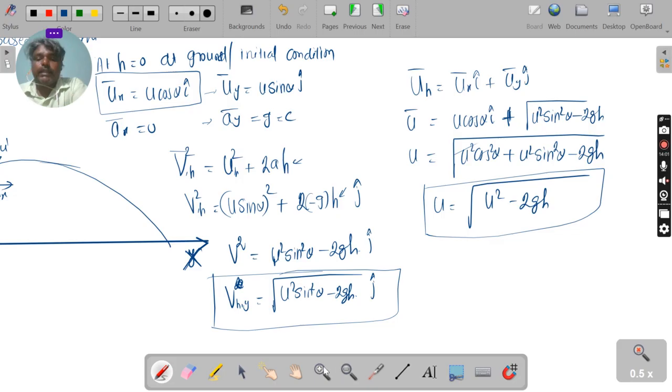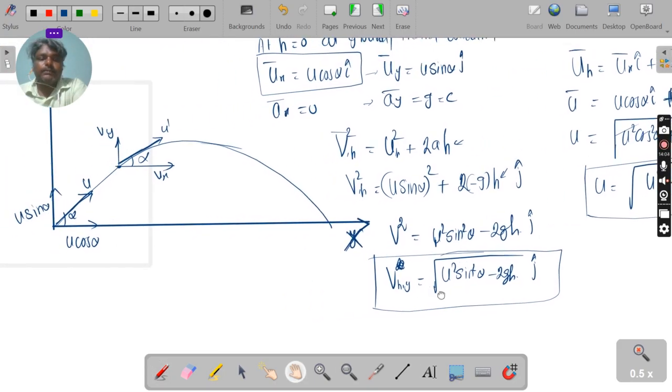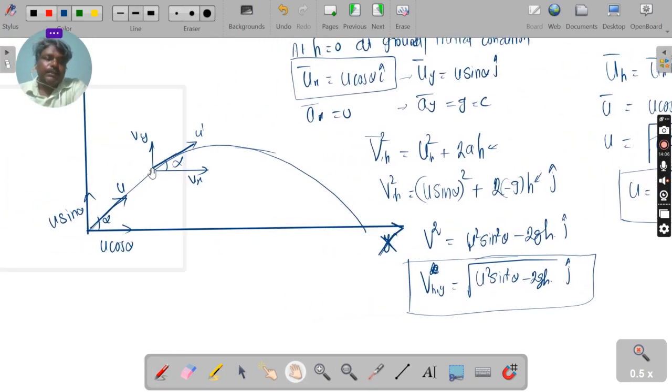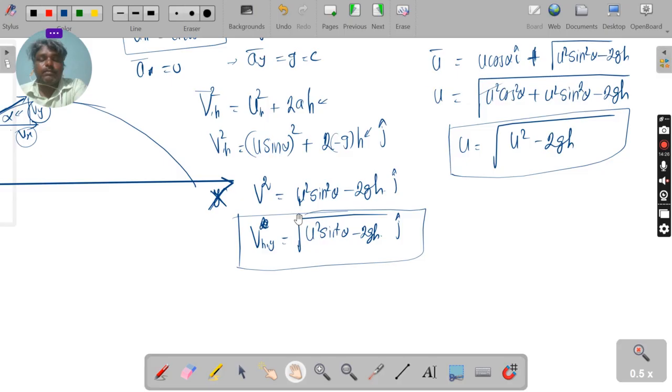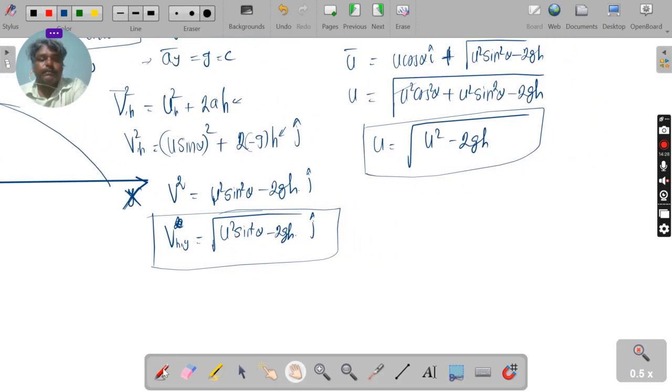So at any height, what is the angle? At the height, the resultant velocity makes angle alpha with the horizontal. We need to find out the angle. So we use a trigonometric trick. Tan alpha is equal to vertical component by horizontal component. Very familiar, from one-dimensional motion onwards we are using this idea.